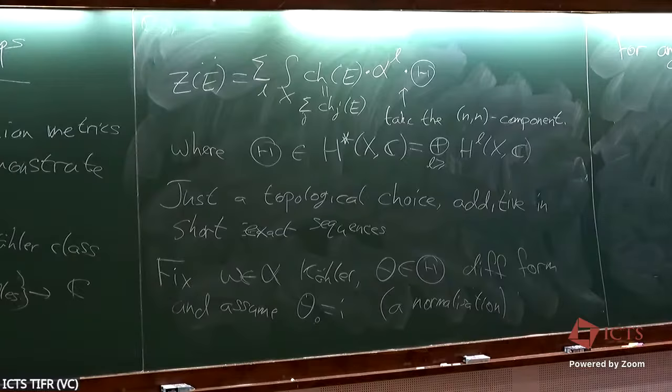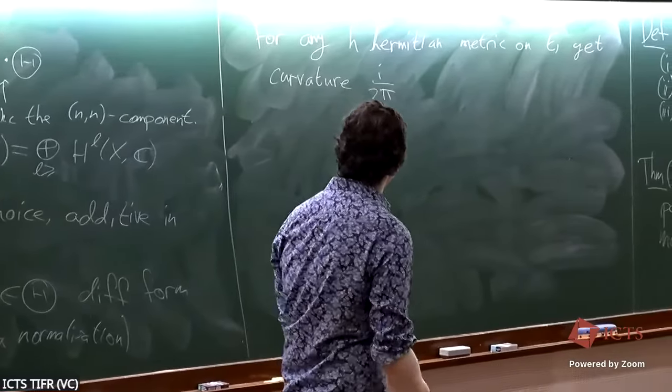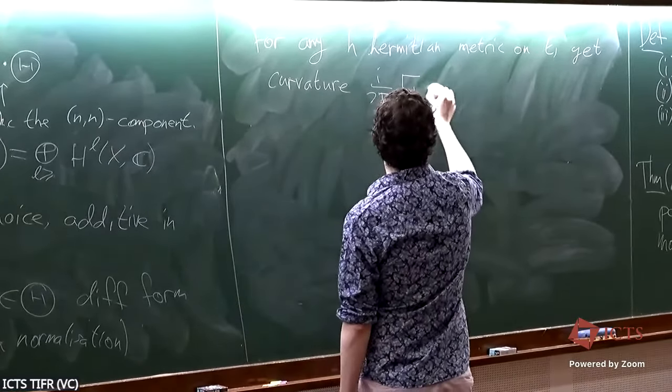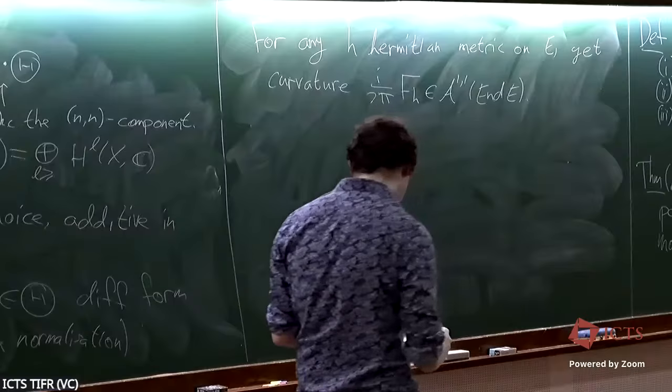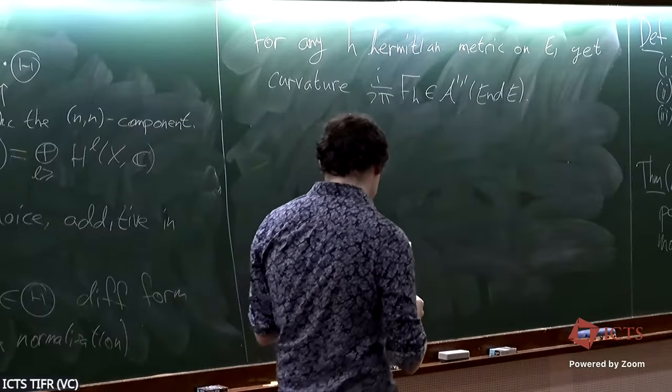So I'll normalize by scaling by i over 2 pi F_H. And as I said yesterday, this is a (1,1) form with values in End(E).